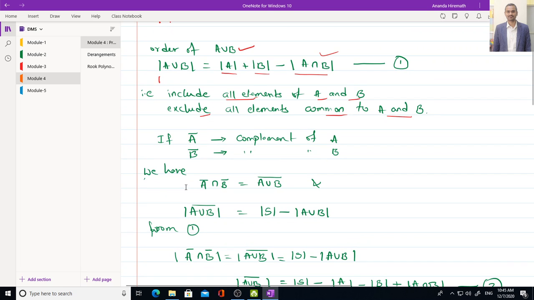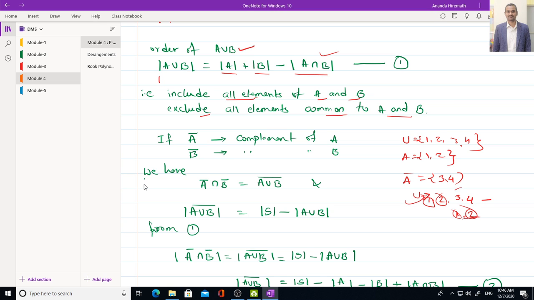Now let us say A complement. Complement means, say if the universal set U is having 1 2 3 4, and A is 1 comma 2, then A complement is nothing but 3 comma 4. That is the number of elements of U minus the number of elements of A. So we take away or neglect those elements from U which are there in A, and the remaining elements will be in the complement of it.